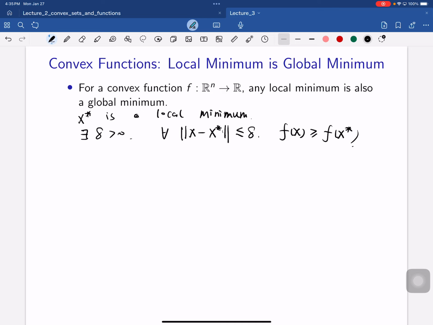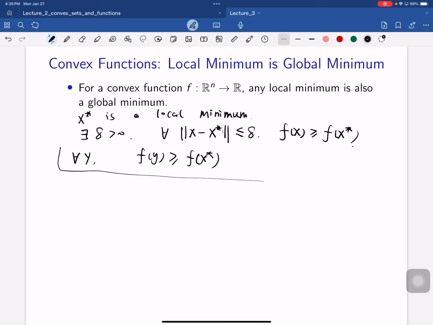So that's the definition of a local minimum. Then what remains to be seen is that if x star is a local minimum, then for any y, let's pick an arbitrary y, we have f of y greater than or equal to f of x star. So this is what we want to show.